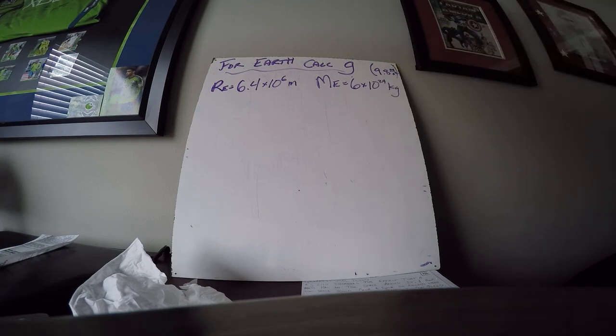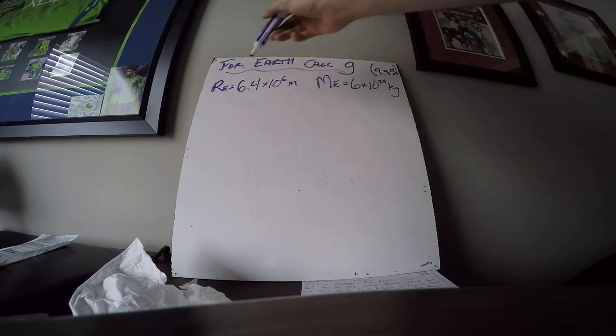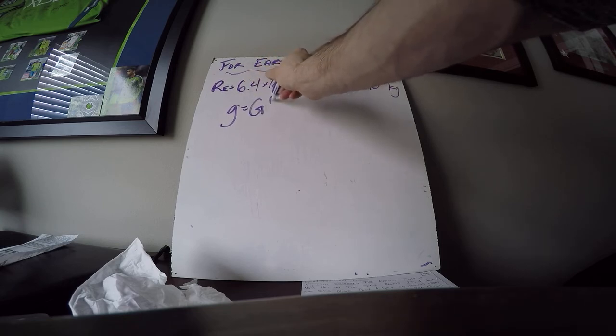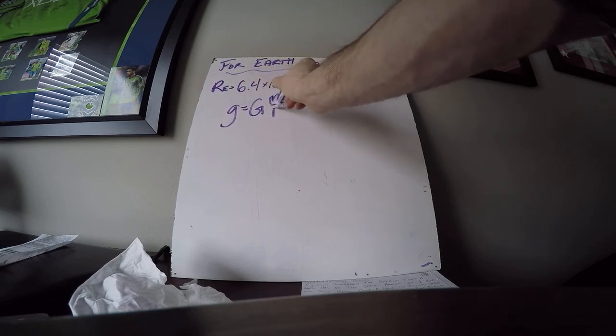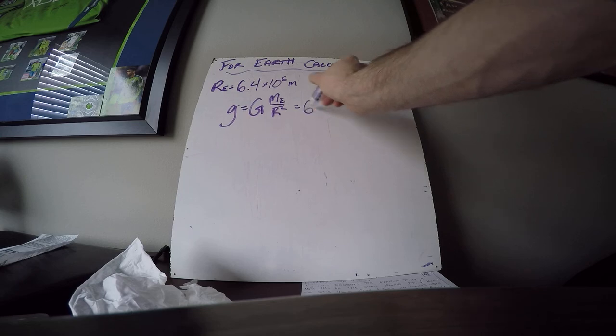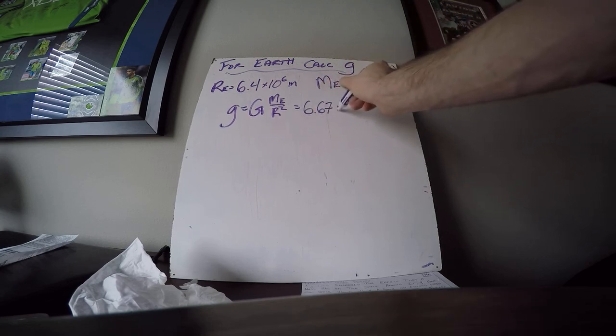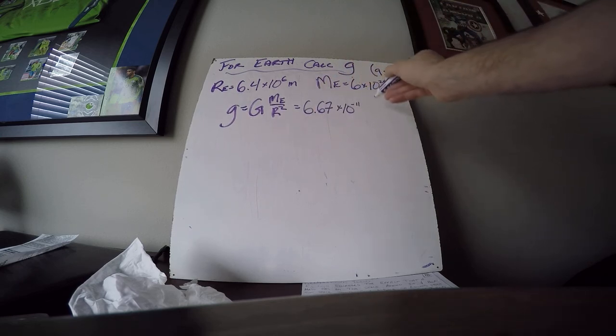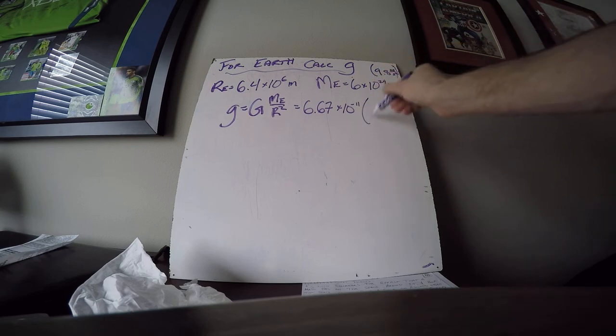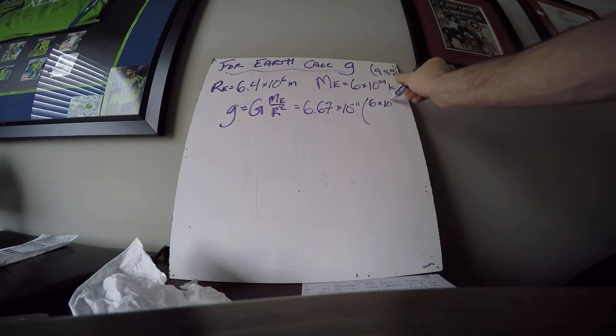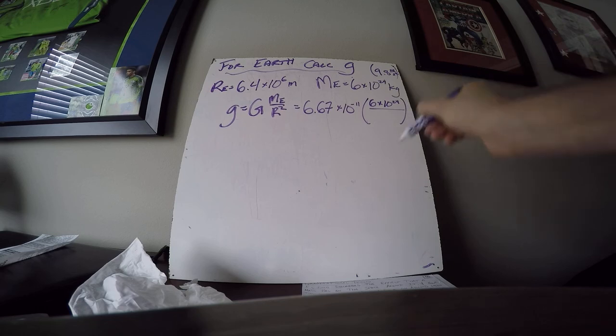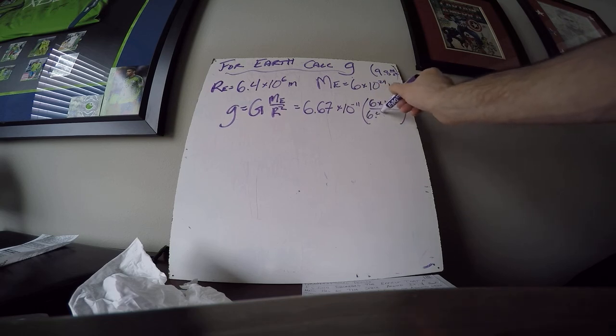That's also one you're going to need to know, but it will be included on the equation sheets. So G equals G m Earth over r squared. So it's 6.67 times 10 to the negative 11, mass of Earth, 6 times 10 to the 24th, over 6.4 times 10 to the 6th.